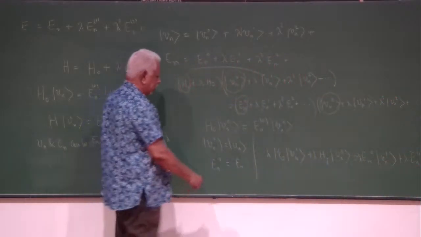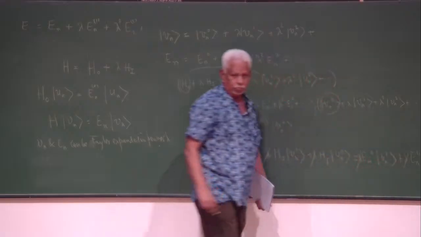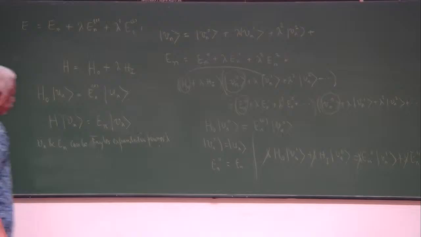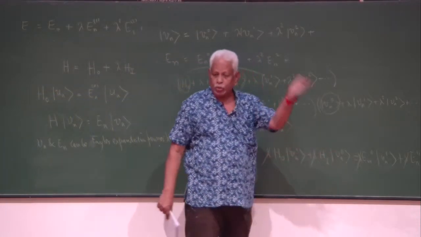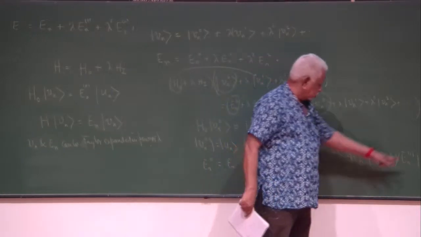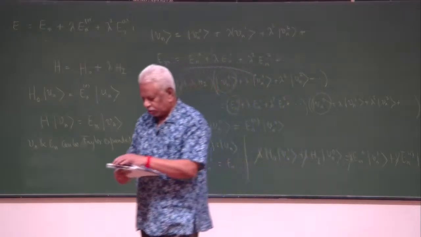So I can cancel this lambda, and I already know my Vn0. I know already my Vn0 is Un, right? So that is also Un here. Okay, that's the point.